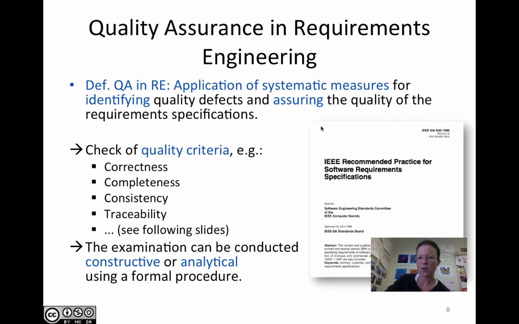This is according to the IEEE recommended practice for software requirement specifications. They check for quality criteria, for example, correctness, completeness, consistency, and traceability. You'll see a more complete list on the following slide. And that examination can be conducted constructively or analytically.